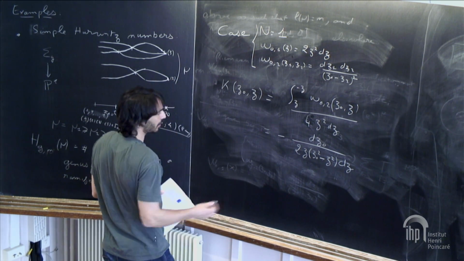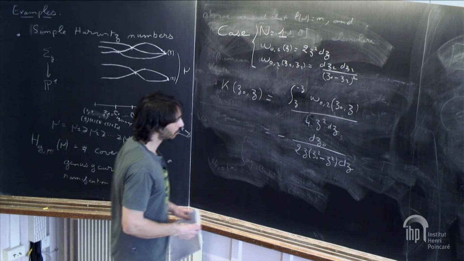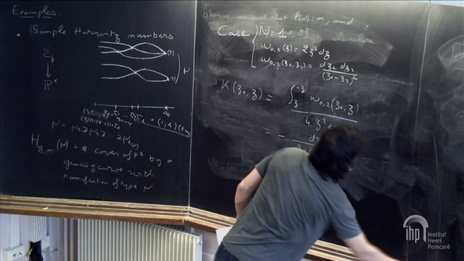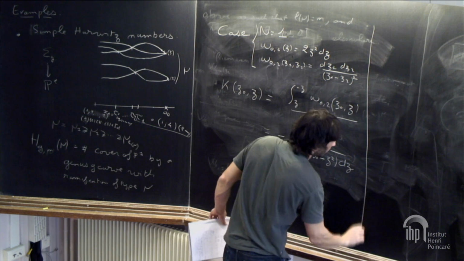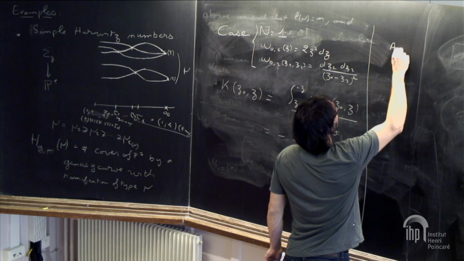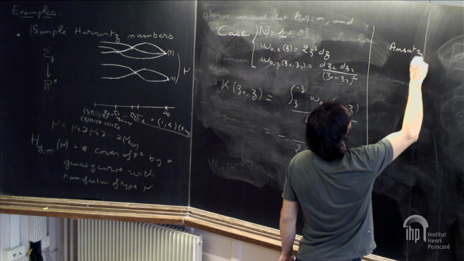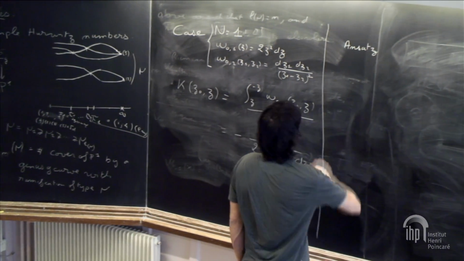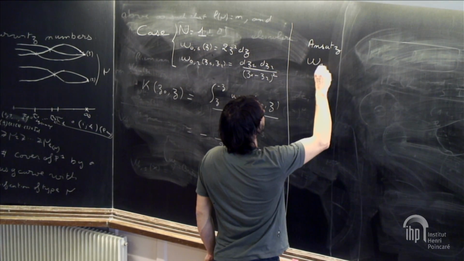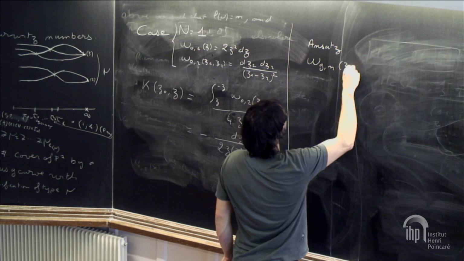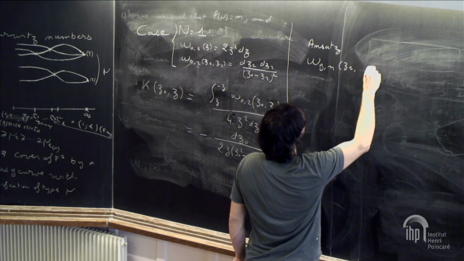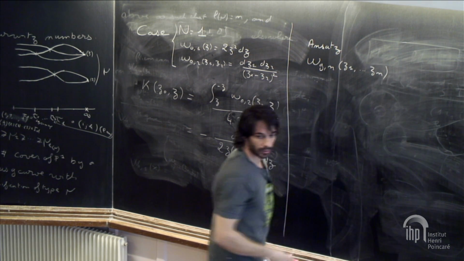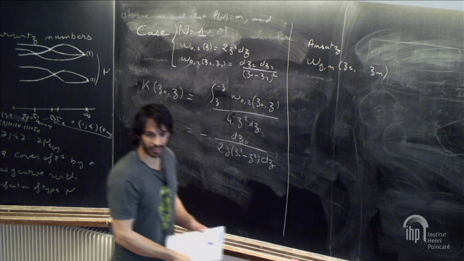Now, I want to plug it into the topological recursion. What I will do is that I will make an ansatz, which I will prove by induction in the process, which is that the omega g,n of z1 to zn. Is there a question?